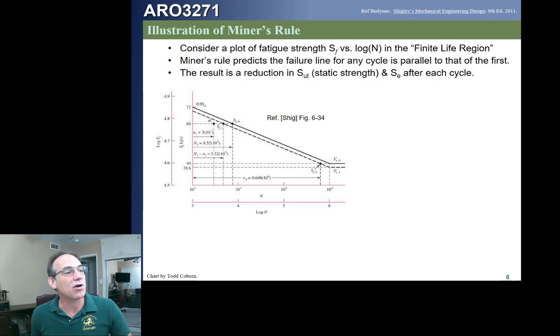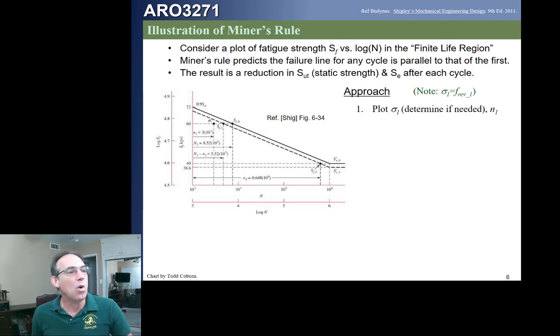This upper bold curve is our allowable. If we come in with a stress level, sigma 1, for a certain number of cycles, we can plot sigma 1 for the number of cycles right here.